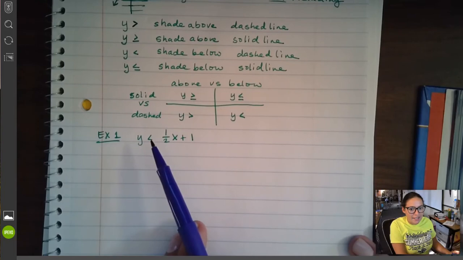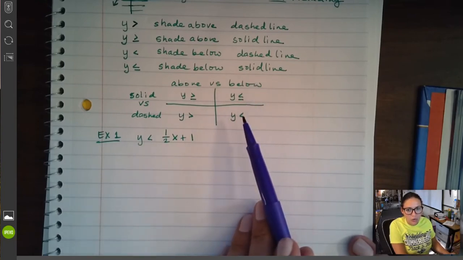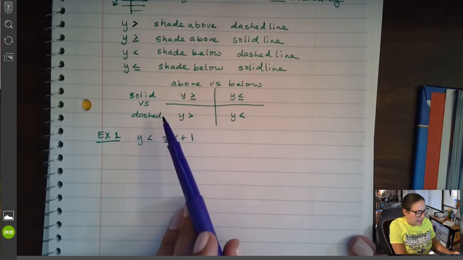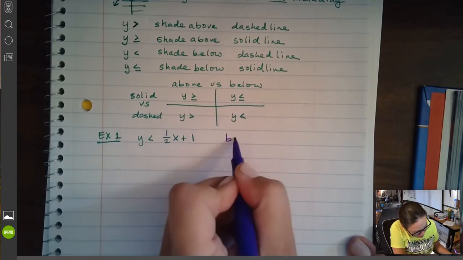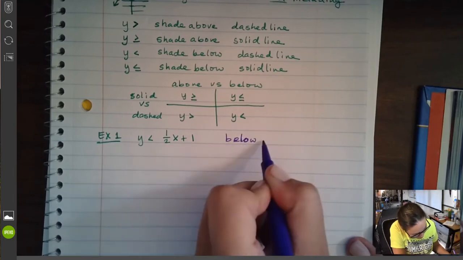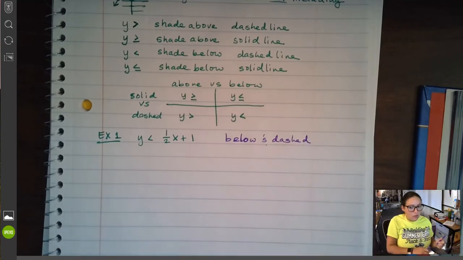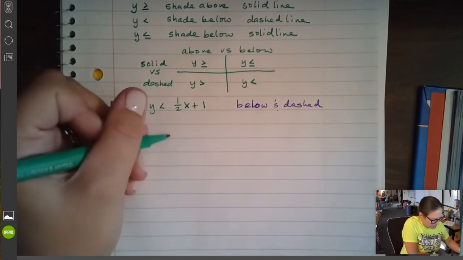So y is less than means that I'm going to shade below, and we're going to have a dashed line. Below and dashed. Okay, so let's graph this guy.